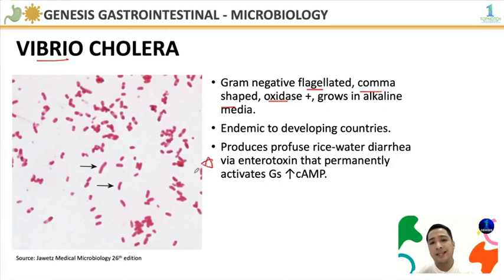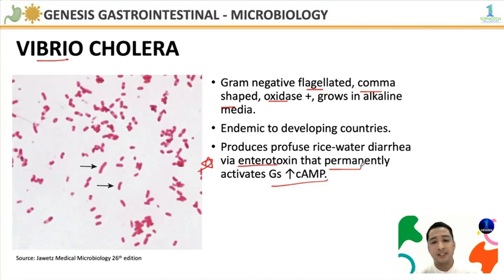Usually, it can manifest with around 1 liter per hour of diarrhea that is characterized as flaky mucoid, and the complication is severe dehydration. The main pathophysiology for this is an increased level of cyclic AMP. The enterotoxin coming from Vibrio cholera will permanently activate the CFTR channel.